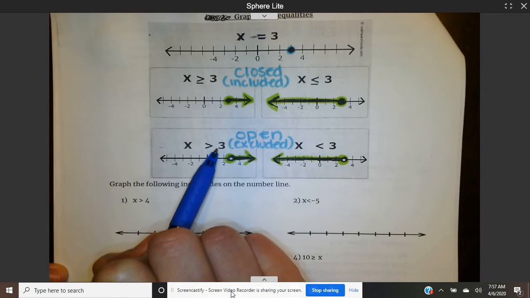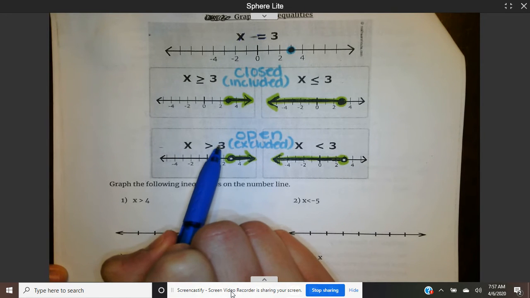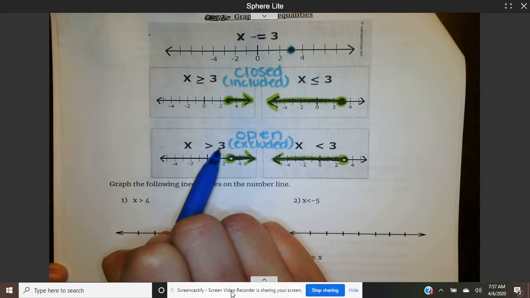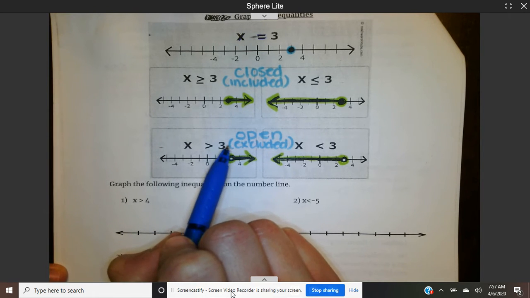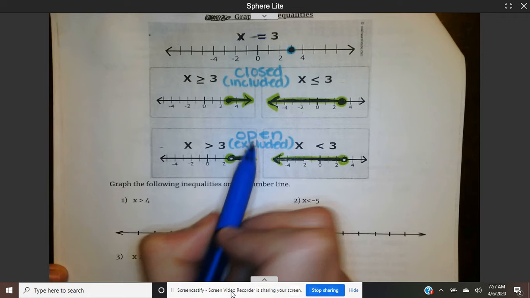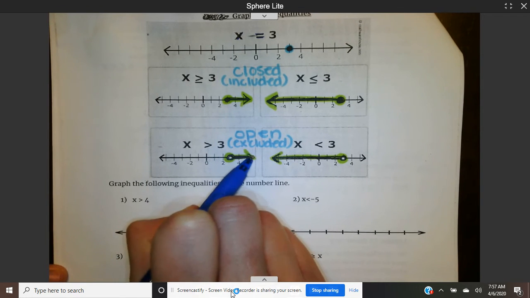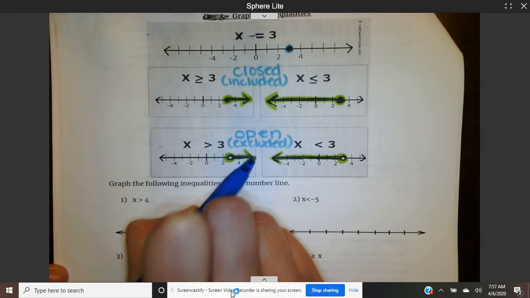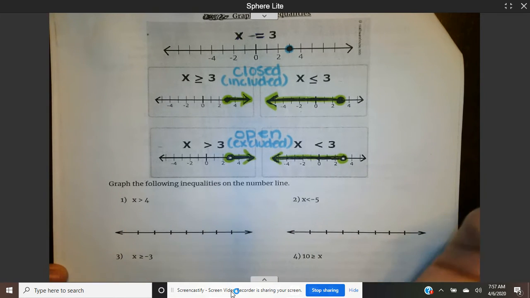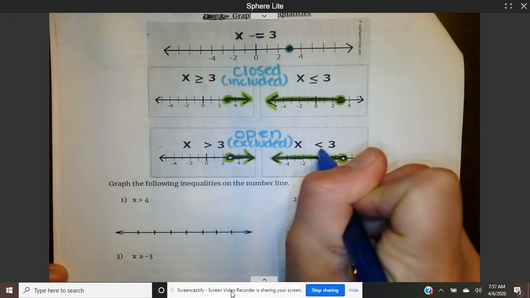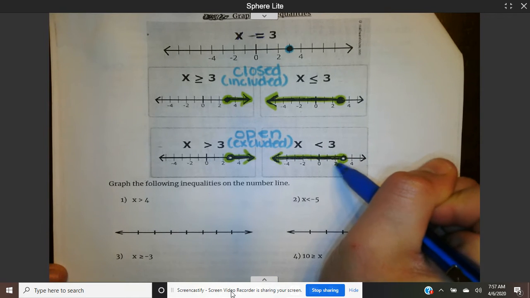Okay, now down here, we have x is greater than 3. So there's no equal sign under it, which means that it could be like 3.011111, but it cannot be exactly 3. So you would put an open dot over the number 3, and then you would point it in the greater than direction. Lastly, x is less than 3, so it's going to be an open dot.